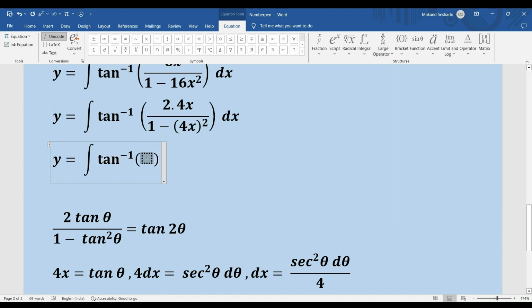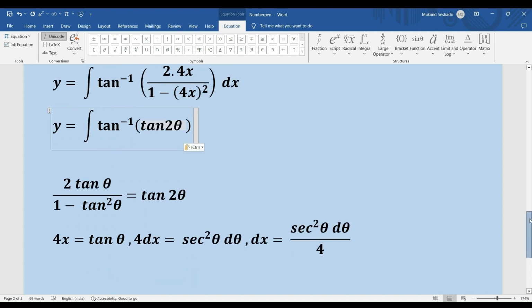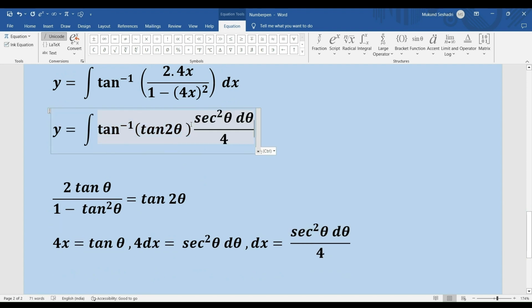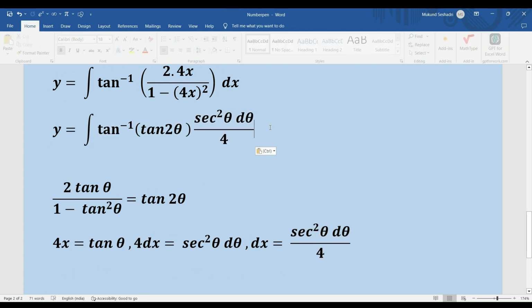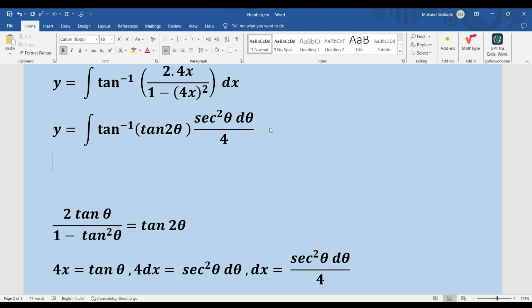It becomes 2 tan theta divided by 1 minus tan square theta, which is nothing but tan 2 theta, right? And then I have my dx, which is nothing but secant square theta d theta by 4. So I just replace my dx with secant square theta d theta by 4. Now I know that tan inverse of tan 2 theta is nothing but 2 theta.